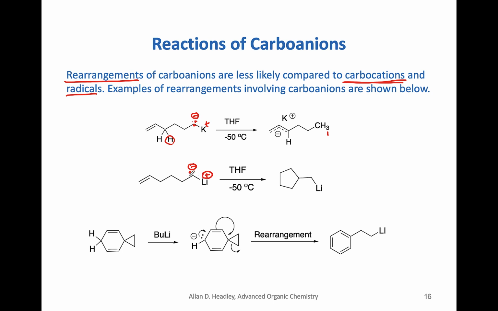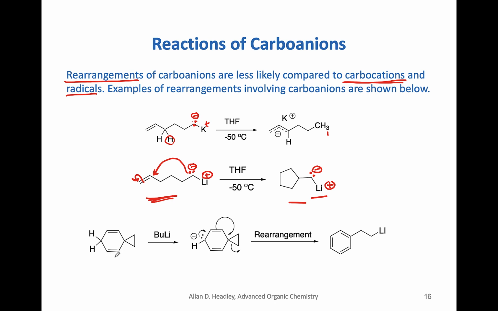But as you can see here, these electrons can come over here, and these electrons go over here to form that. So that's a rearrangement from this carbanion to this carbanion. Just to emphasize again, here are our unshared pair of electrons, the negative charge, and here is our lithium plus.